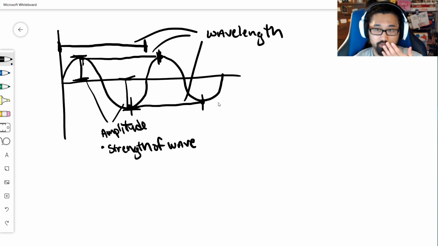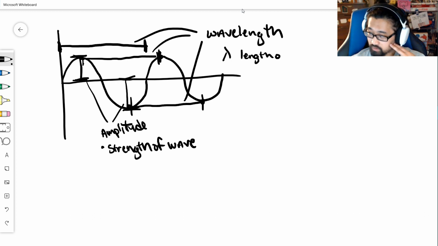Literally the length of one wave. It's measured in meters usually, and there's a symbol for it. It's kind of funny. It's lambda. It's a Greek letter, another Greek letter. Sorry, but it is the literal length of one wave pattern.